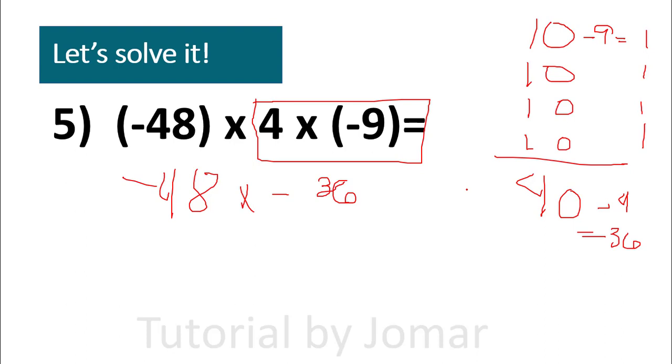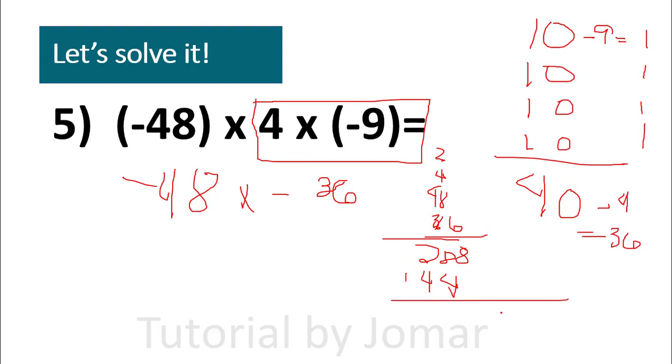We have 48 times 36. 6 times 8 is 48. 6 times 4 is 24 plus 4 is 28. Then 3 times 8 we have 24. 3 times 6 is 12 plus 2, 12, 13, 14. And then i-add natin to.